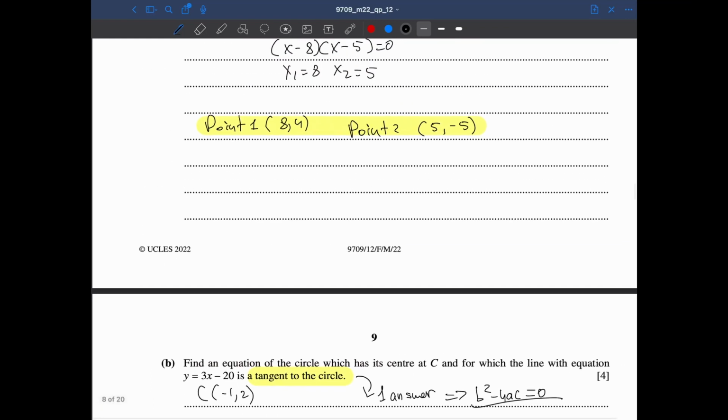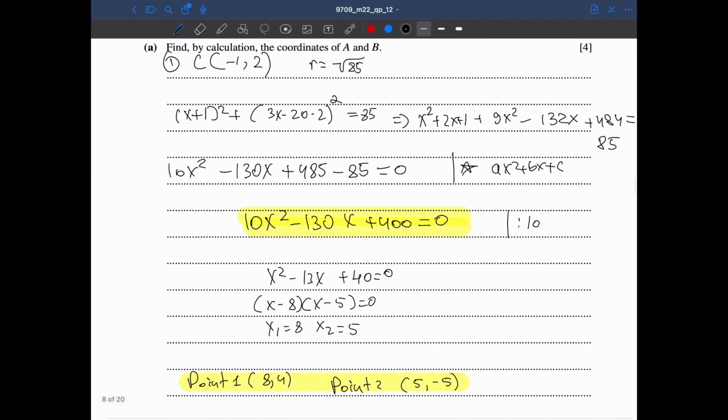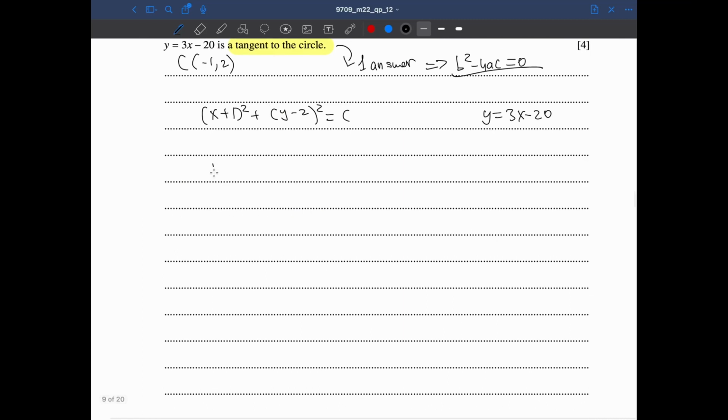From our first question, when we solved it, we know that we are going to get 10x squared minus 130x plus 485. And then this equals c, so we're just going to do minus c equals 0. All right, and now b squared minus 4ac equals 0.